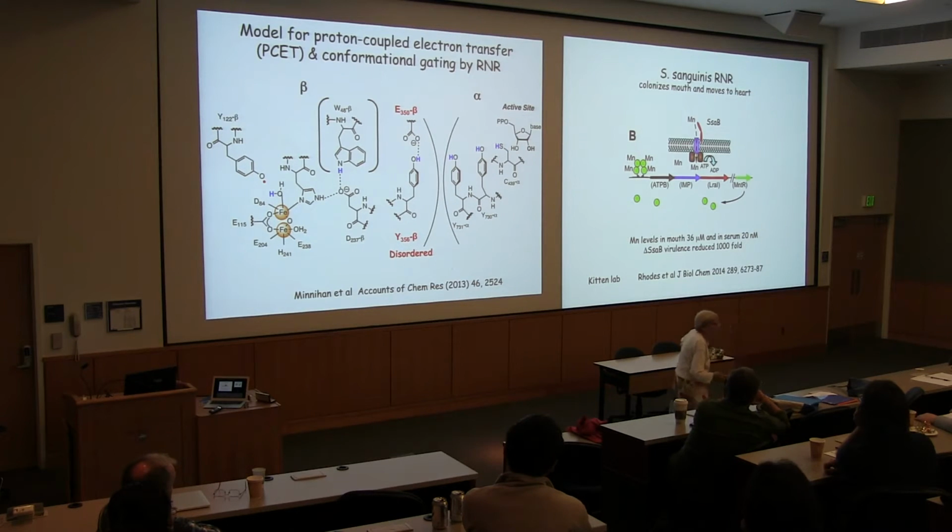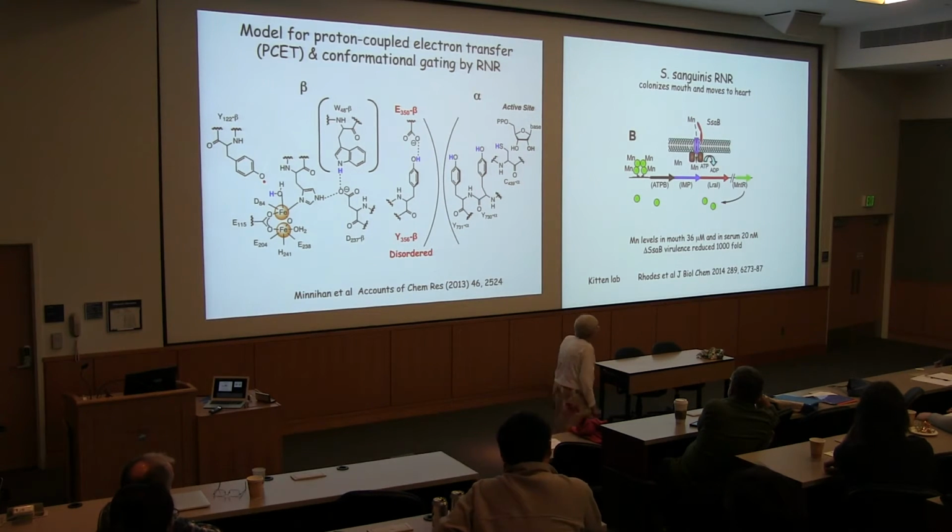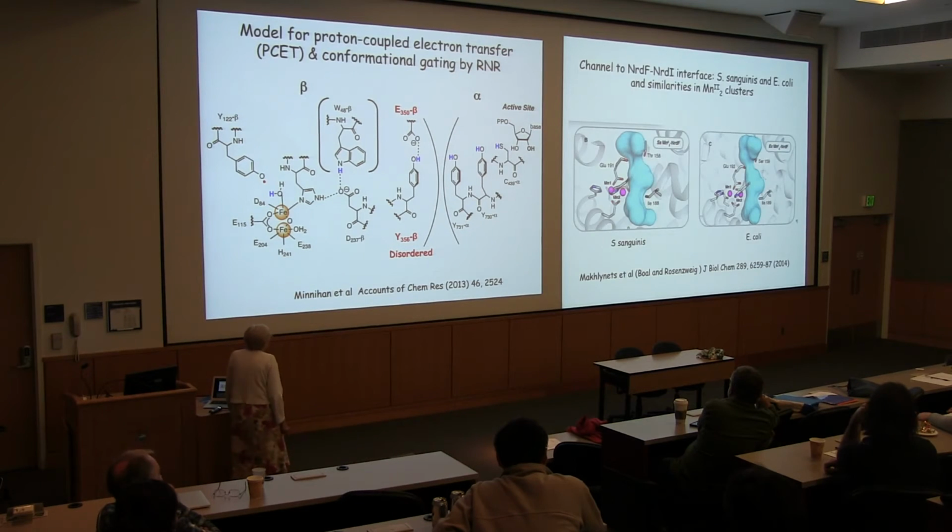And what he showed was that the manganese transporter, called SsaB, is a virulence factor. If you knock it out, the organism can no longer grow. It has a 1,000-fold effect. So we looked at the two proteins, we isolated NrdF, NrdI, all the reductants, etc. It looks strikingly similar to the E. coli system, including the channel into the active site.